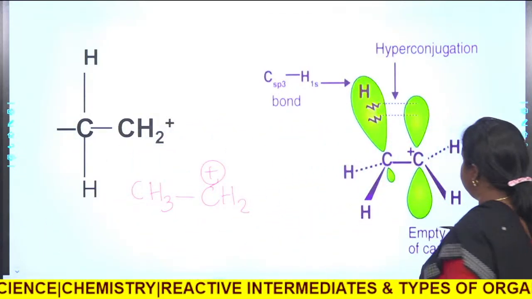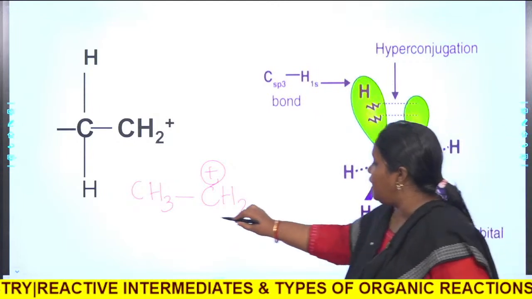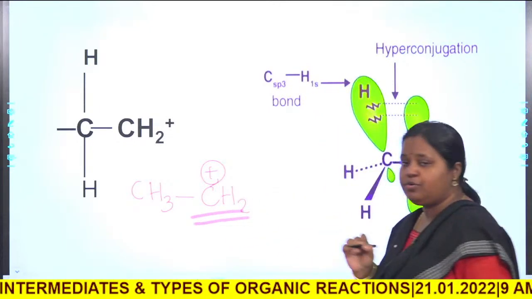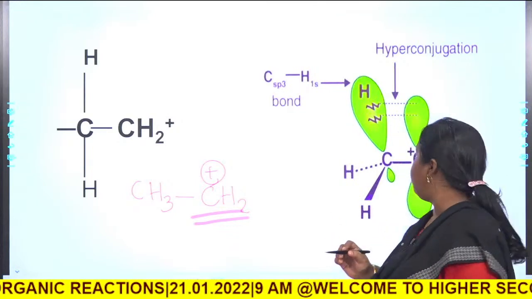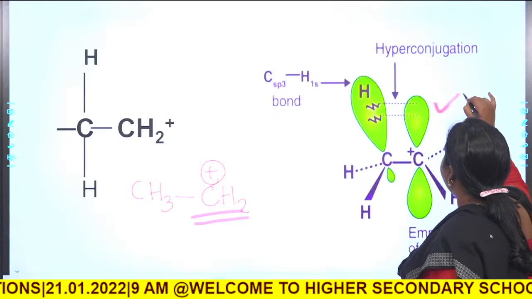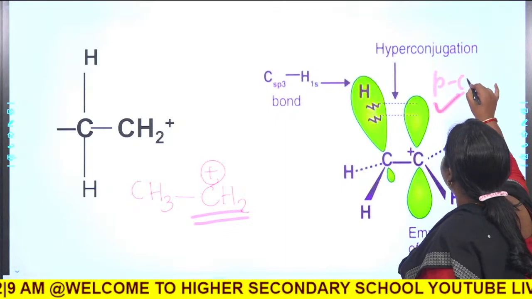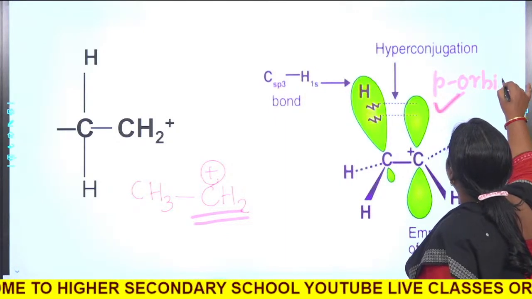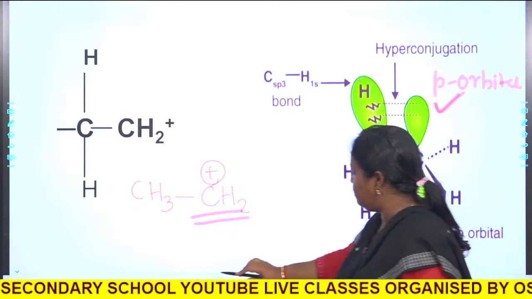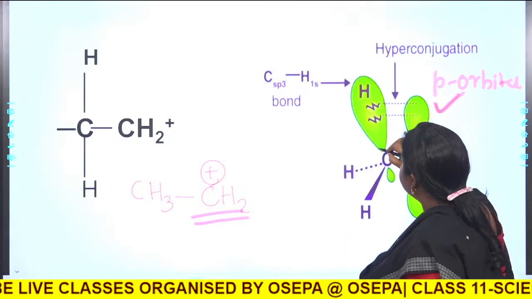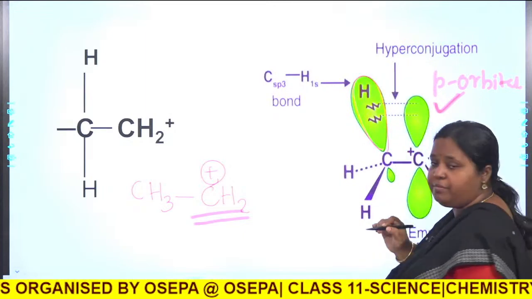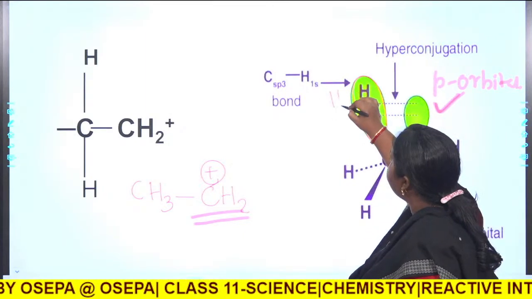Mark that this carbocation is sp2 hybridized. So, sp2 hybridized means it will have a vacant p orbital. Here this is the vacant p orbital, but it is vacant. Now, this is a sigma bond formed between carbon and hydrogen.